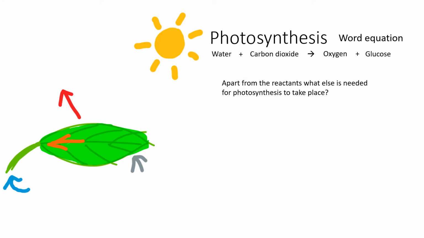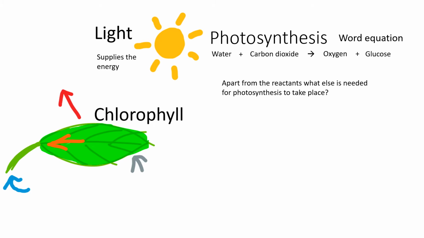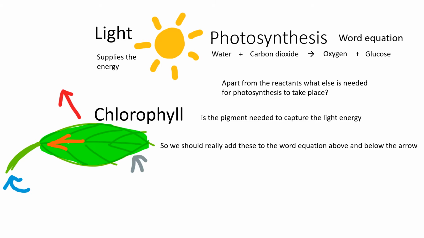And to highlight beyond the simple reactants, what else we need to make this happen. And key to that is going to be the energy supply, which is light. And within the chloroplasts, there is a certain pigment called chlorophyll, which is an absolute requirement for photosynthesis to take place.